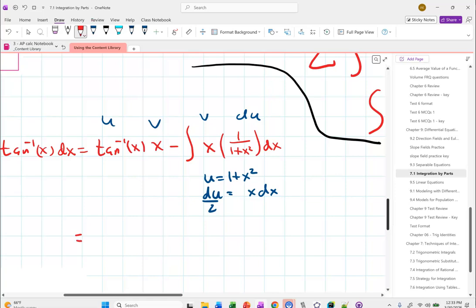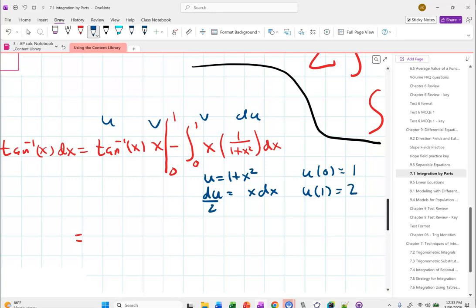Now, this was a definite integral, right? So I should still have from 0 to 1 here, and this stuff then needs to be evaluated from 0 to 1. And I'm going to change my bounds so I don't have to put the 1 plus x squared back in after I do my u sub.